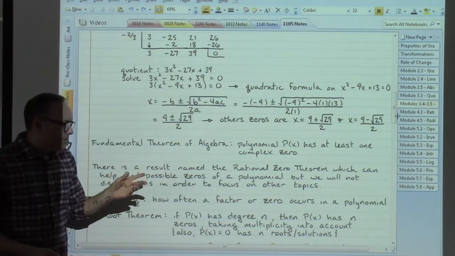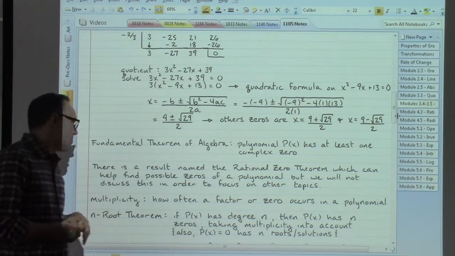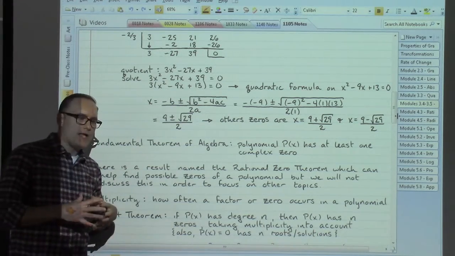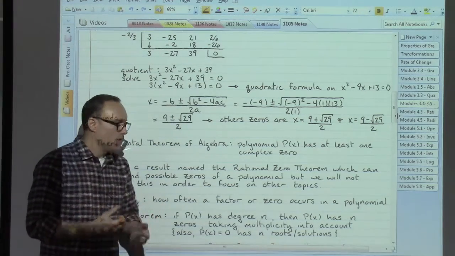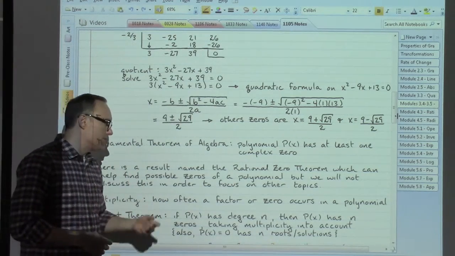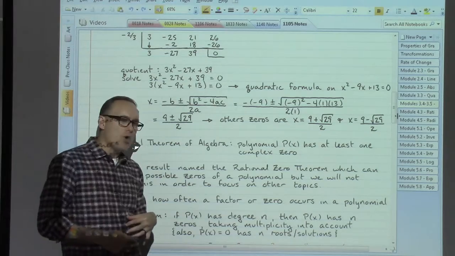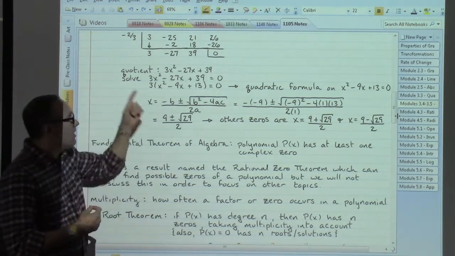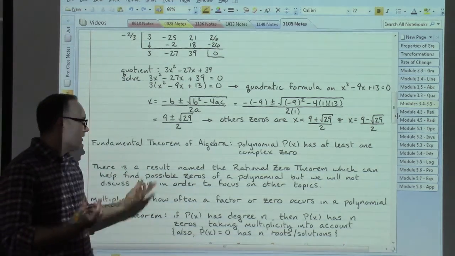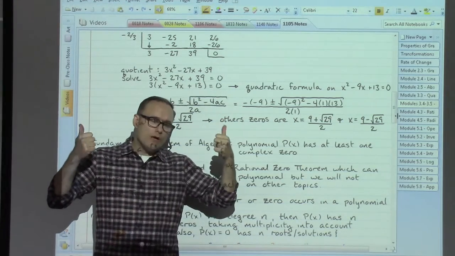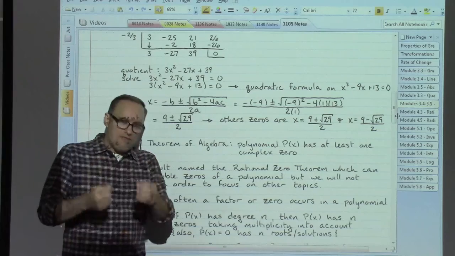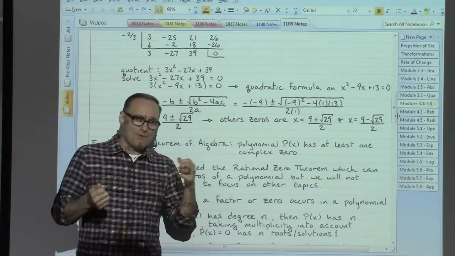There's a result that's called the rational zero theorem, which can help us find a short list, not always actually short, just a shorter list of potential zeros for a polynomial. It would be based on the first term and the last term of the polynomial, the factors of that first term and last term.